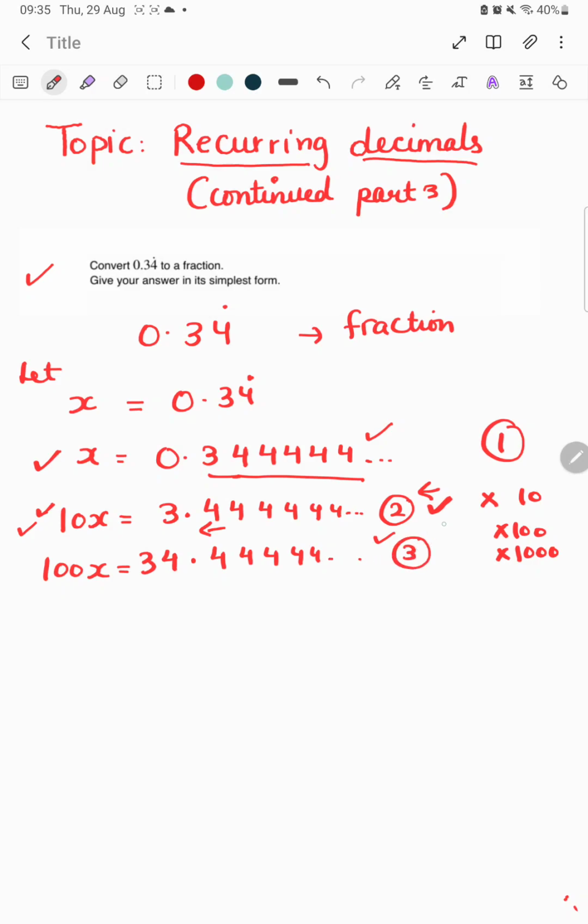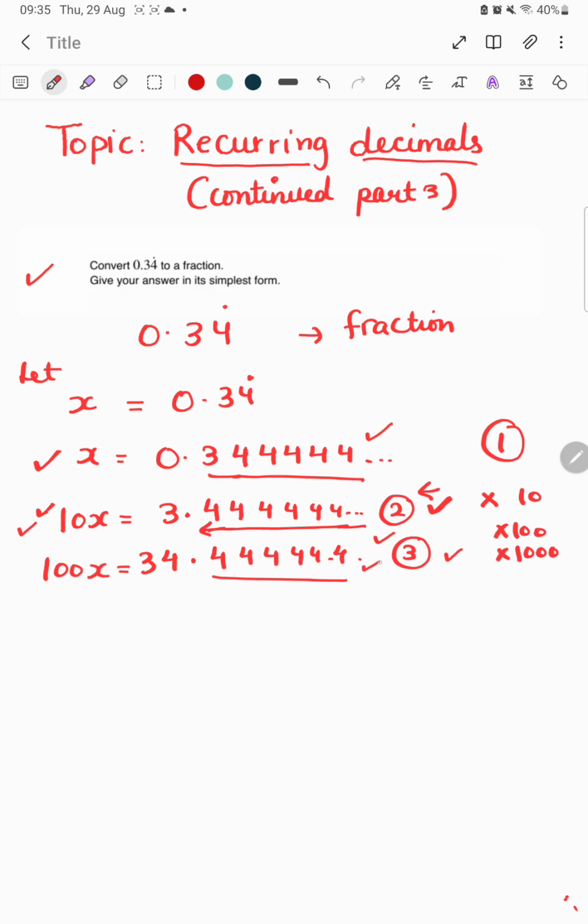Now when I look at equations 2 and 3, the decimal part is exactly the same. You can write as many 4s as you want, because the dot means you can put as many 4s here as you want.